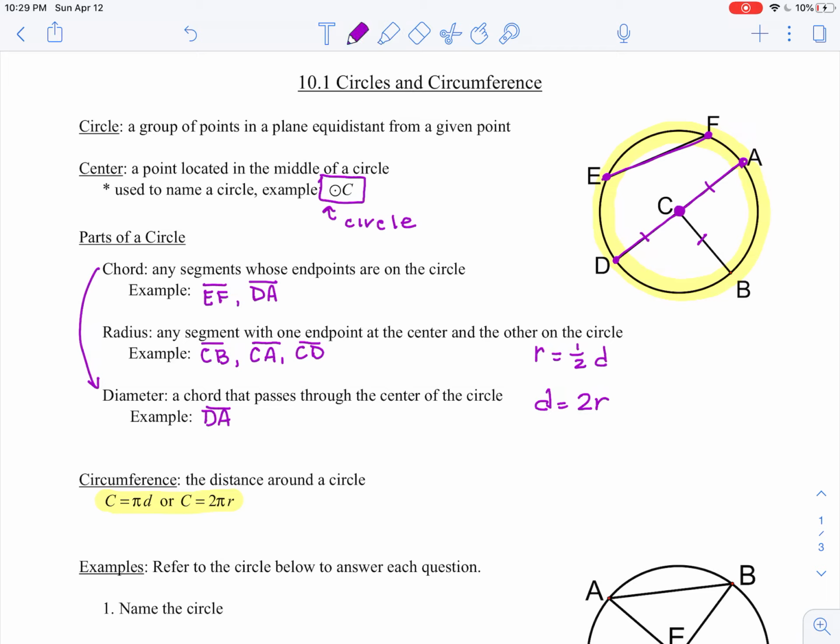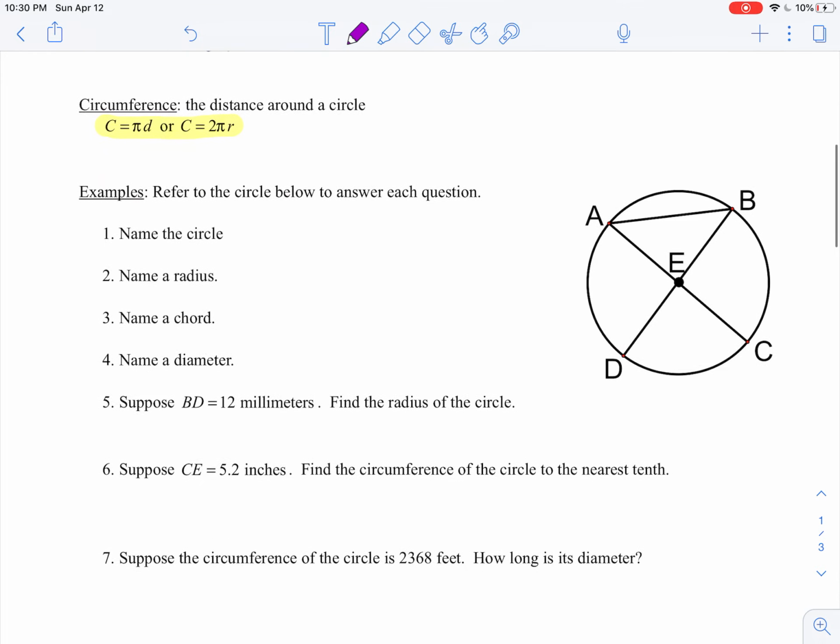The distance around the outside can be calculated as pi times the diameter, or 2 pi r. Since twice the radius is the same thing as diameter, these two formulas mean the same thing. They're just two different ways to write it.